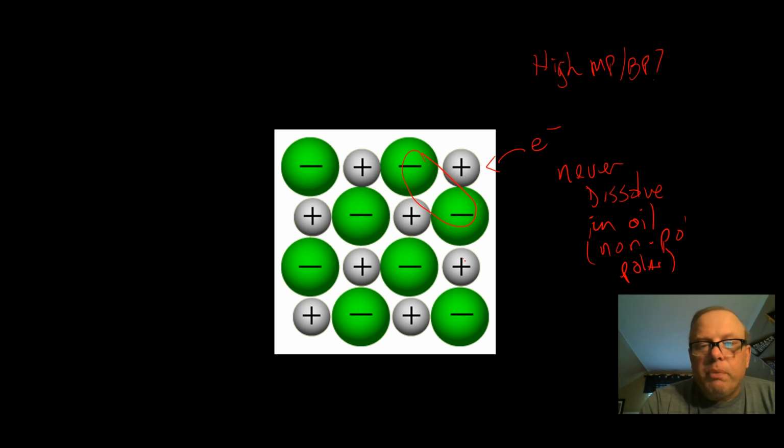And because we have these positive and negative charges running down the side, that prevents them from ever meeting with each other. The only way an ionic can dissolve in water is if water can overcome the attractive forces of these bonds. Some substances will, some substances it won't. But that's why we have a solubility chart.